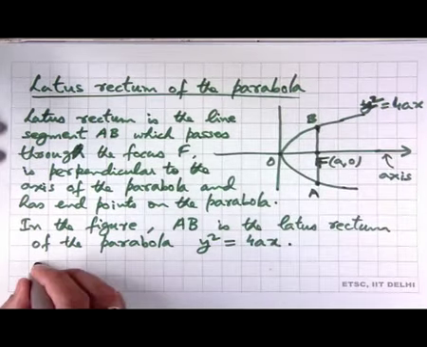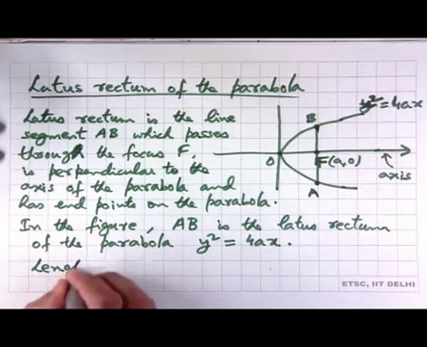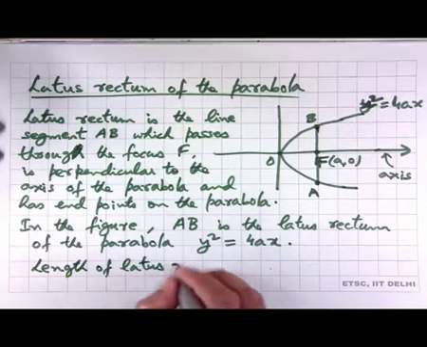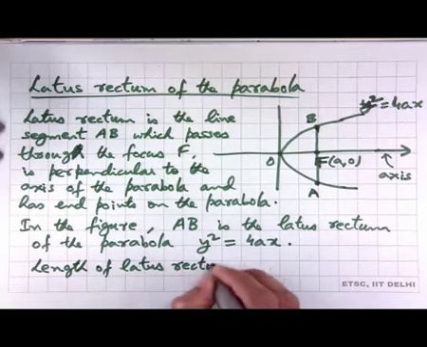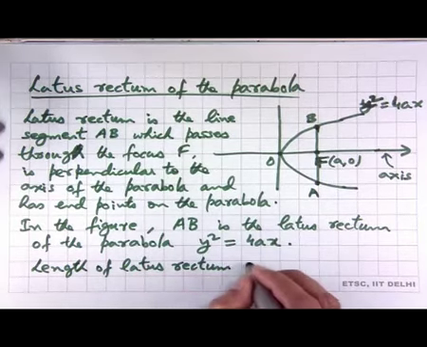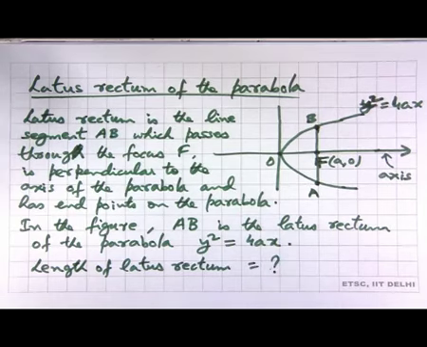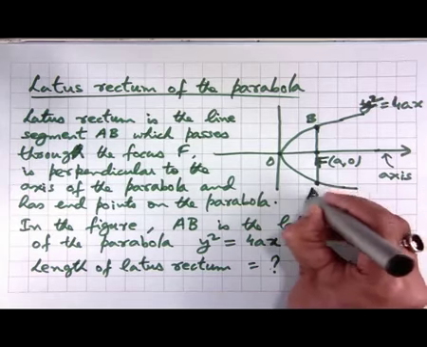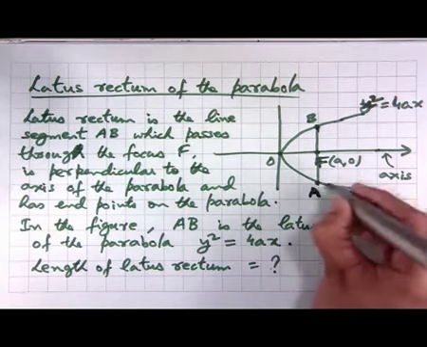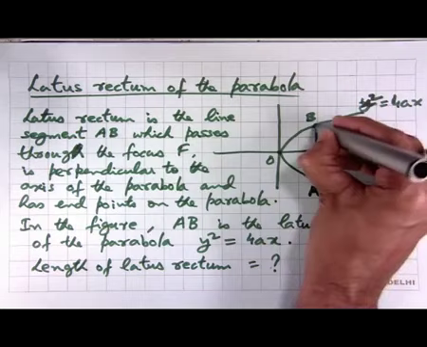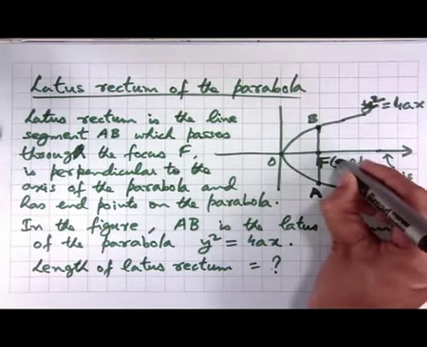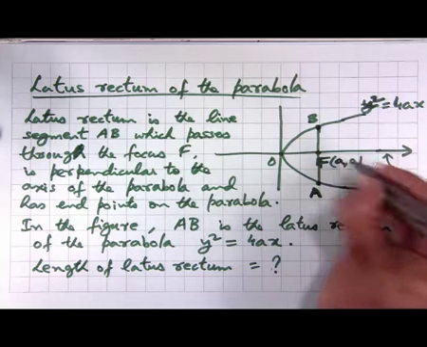So, what is the length of the latus rectum? What we can see from this figure, what are the coordinates of this point A and B? We have the focus has the coordinate (a, 0).